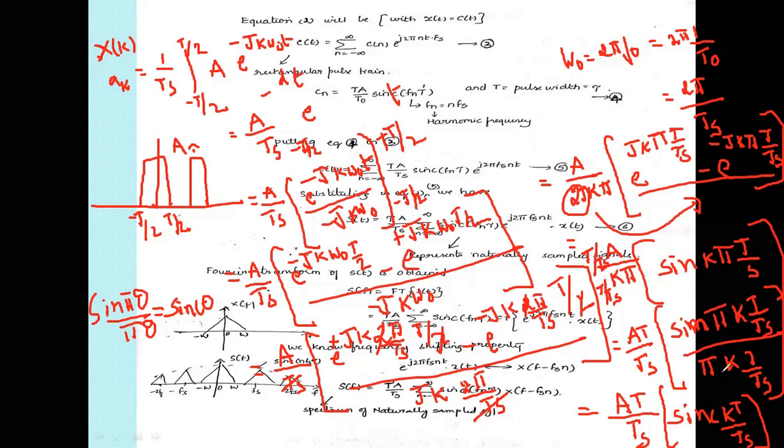Fn is n into Fs. N into Fs means here I take that as k, instead of k, here the n. Fs is nothing but 1 by Ts, and already the T is there, Fn into T. So k T by Ts. Got it, my dear students?